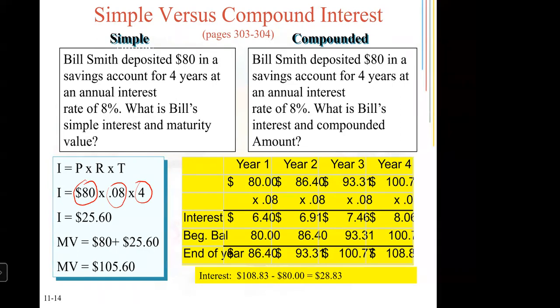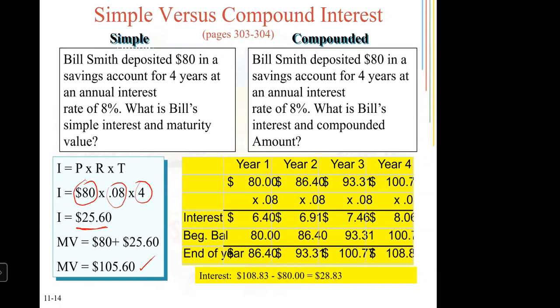So with simple interest, whatever the rate is, you simply find that percentage of the principal and multiply by the time and you get your interest. To find the maturity value, you simply add the interest to the principal, and that's it.